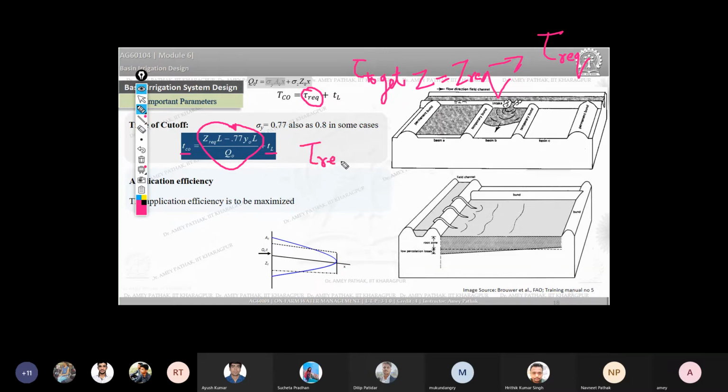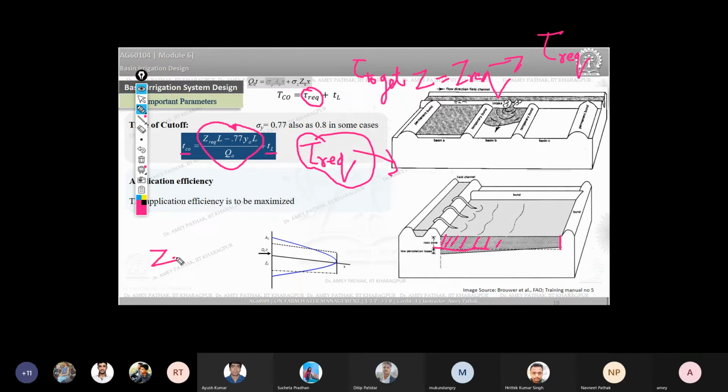Tau requirement means we are talking about the infiltration time for this water, so that for the entire field we get this Z requirement depth. This is your tau requirement. So how to write that? We can write it like this.